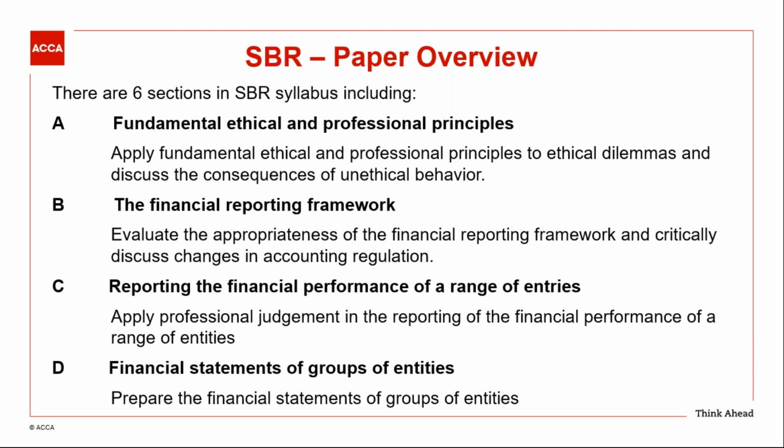You need to apply professional ethics and principles to ethical dilemmas when you are working as a professional accountant, and understand the consequences of unethical behavior and how it impacts the users of financial statements and the stakeholders of the company.